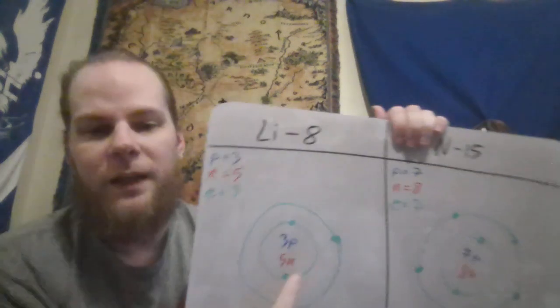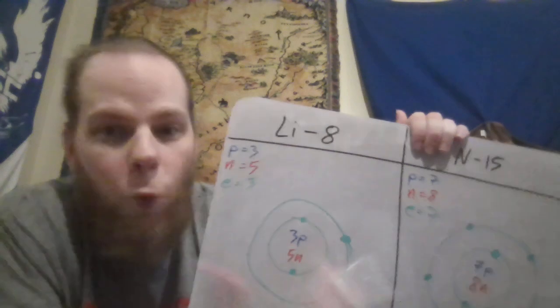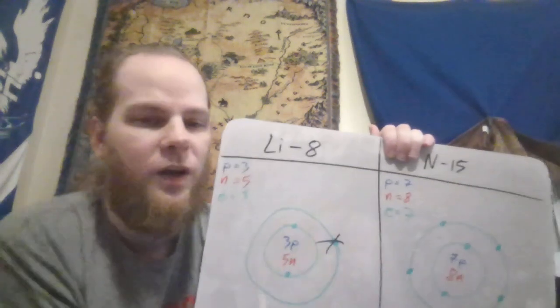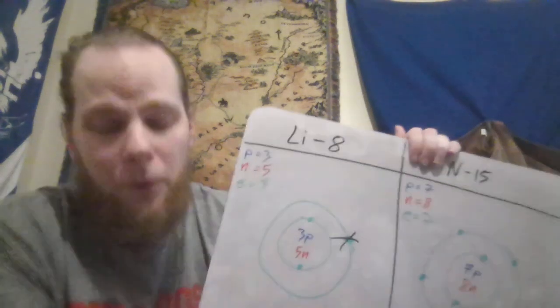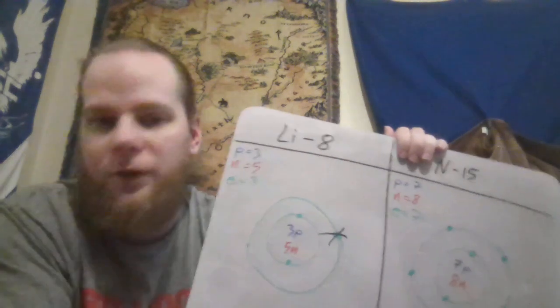Okay, because lithium has only 1 valence electron, it's way easier to get rid of that 1 than it is to collect 7 more. And more to the point, lithium's a metal. So obviously it's going to lose electrons.